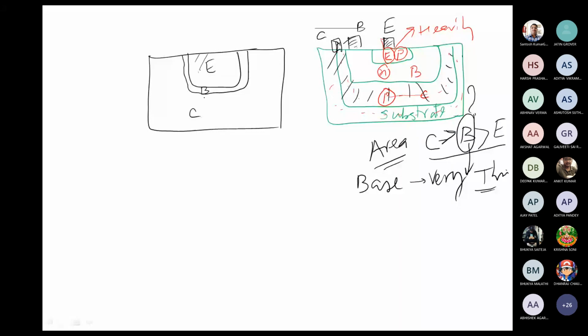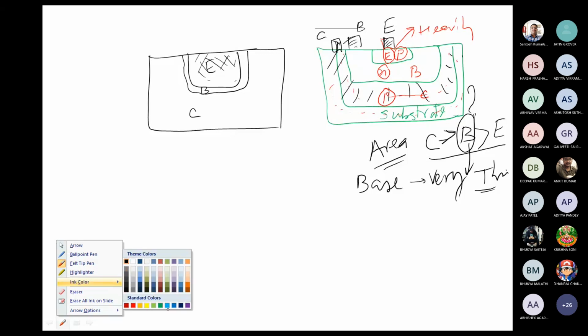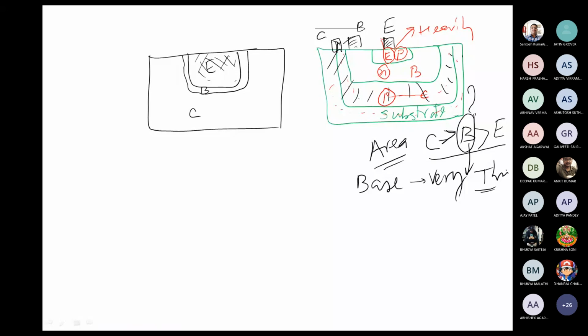Emitter seems to be bigger if you look at this area. But if you look at the area which it is going to share with the collector, or this base, this emitter side, then you see that this base is having a bigger exposed area to the collector or emitter, like this.